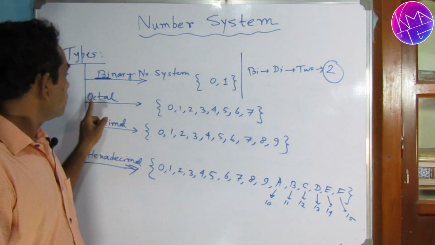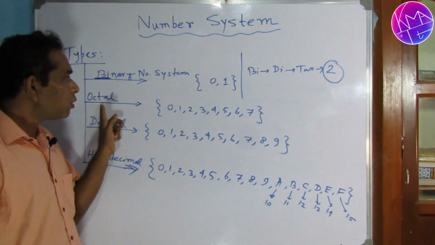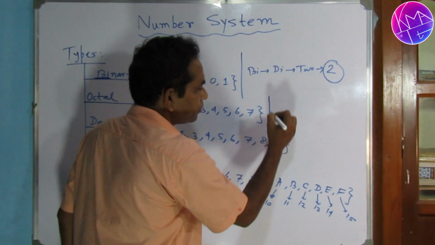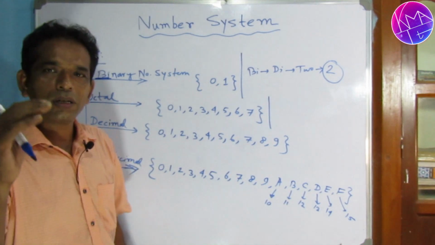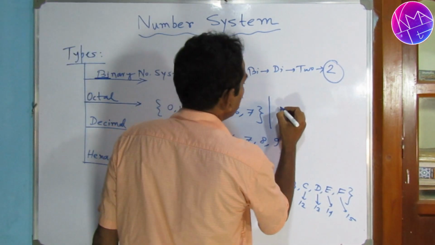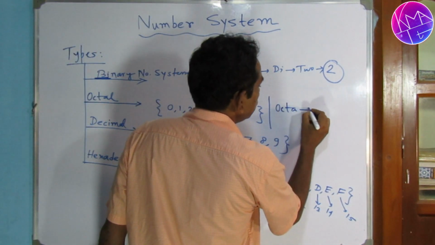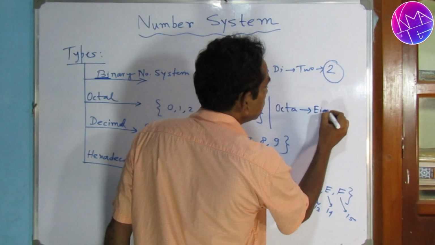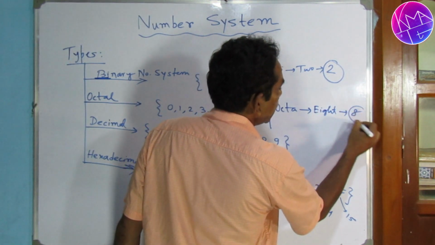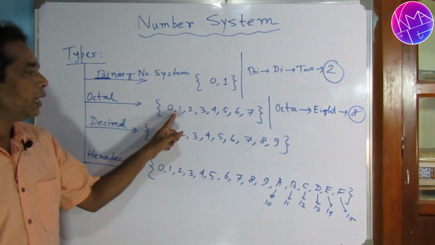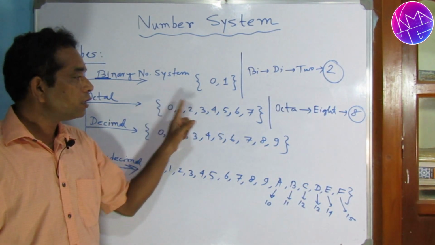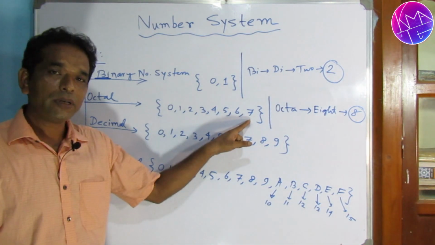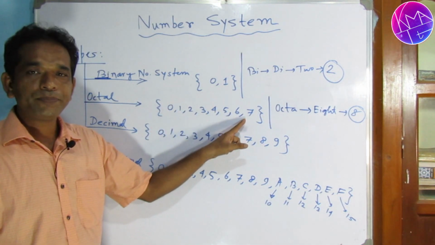Similarly, octal. From the series you know, mono, di, tri, tetra, penta, in this way, octa, nona, deca. So from this octa you can see 8, which means in total 8 symbols would be there starting from 0. So we can move up to at most 7, so 0 to 7.